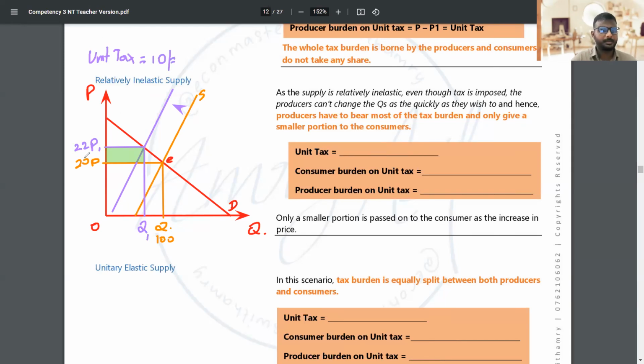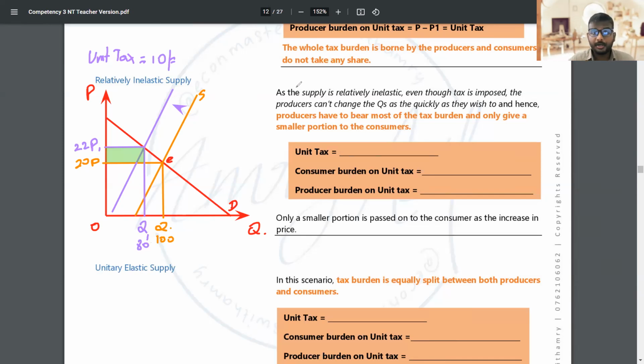That's the new equilibrium price. Now the consumer's burden of tax is what? That extra 2 rupees they have to pay, for this Q1 quantity. Let's say that is 80. I'm just putting some values so that you can imagine it. So 2 rupees extra for 80 units consumers are paying. That's the tax share of the consumer.